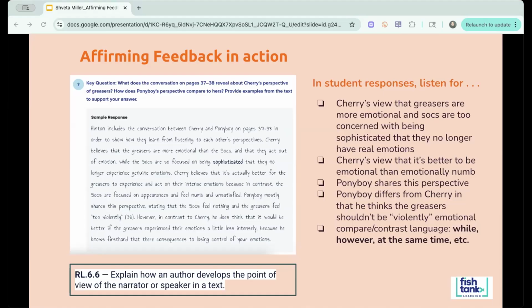Anyway, to save time, those are some examples of what you might listen for as students answer this question, either in small groups or with a think, pair, share partner, or maybe you're at the stage where they're actually drafting a written response. But yes, I'm going to give you a minute to read the question, read the sample response, anchor in the standard, that's the grade level goal that we're getting at, and look at the criteria for success. So take a minute and do that.